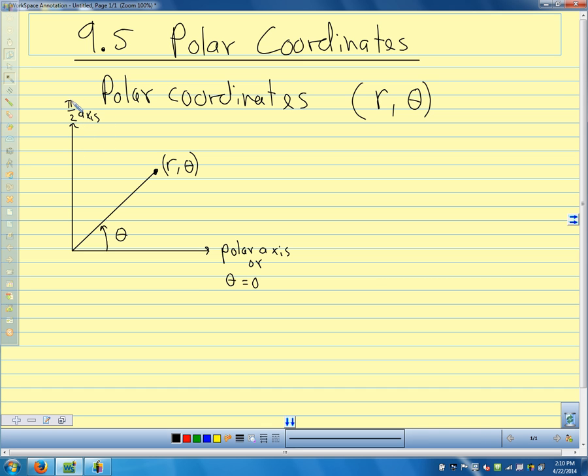So we're always referring to our angle, and r is the distance from the origin to our point, along this segment. We call the origin in the polar coordinate system the pole. So r is the distance from the pole to the point, and theta we measure counterclockwise from the polar axis.